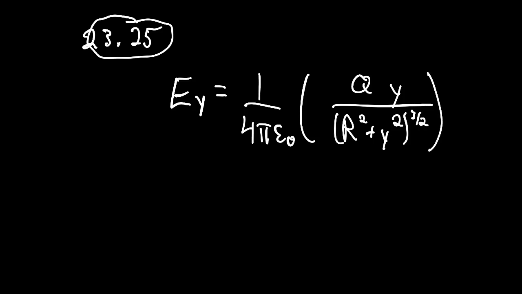Okay, how do I find a maximum of a function? Derive and set it equal to 0? Yeah, derive means differentiate. So take the derivative and set it equal to 0.